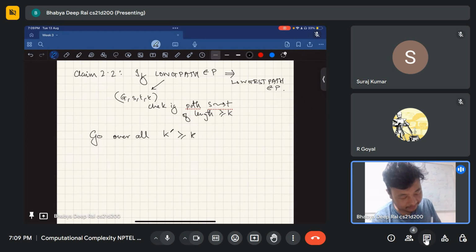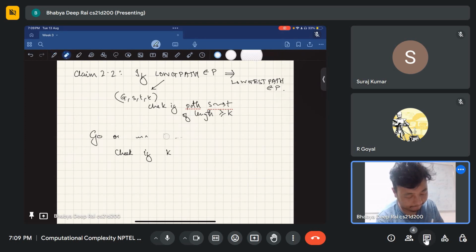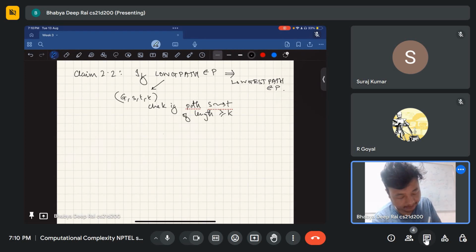We need to decide longest path using long path, right?